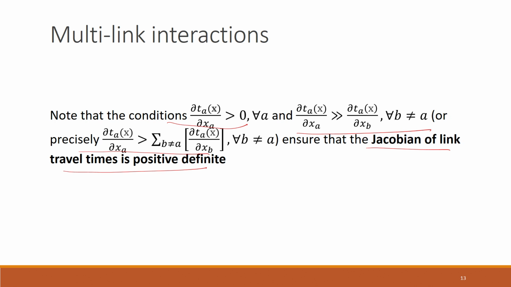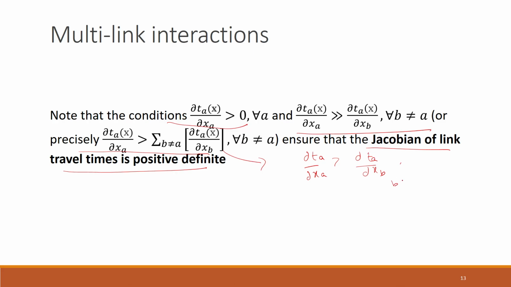Notice here that when there are only two links present, this condition boils down to dTA with respect to dxa being greater than dTA with respect to dxb, because there is only one such link B, which is actually A dash here.